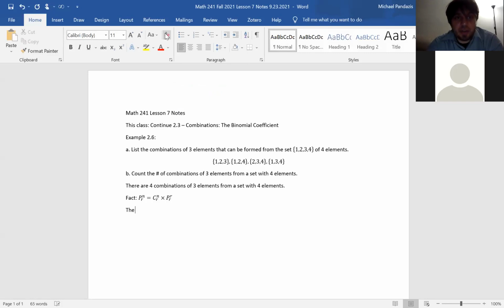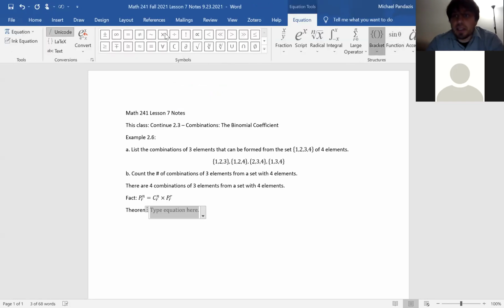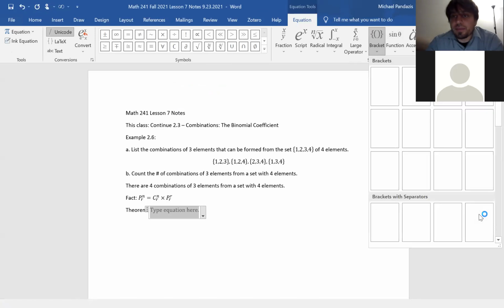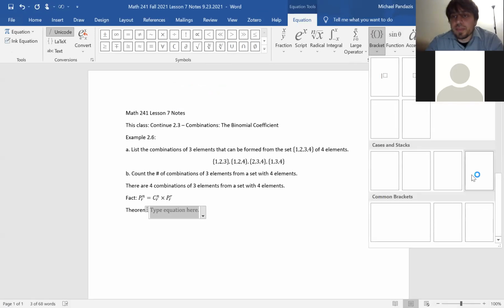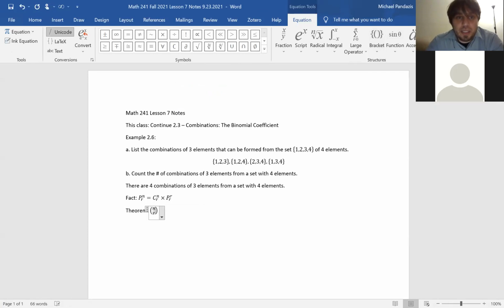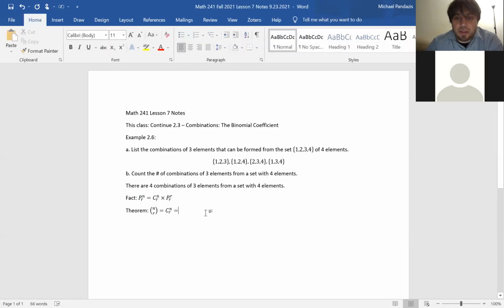And so here's a theorem. nCr, or n choose r, which is another notation for this, is equal to, if you take this equation and solve for nCr, nPr divided by rPr.